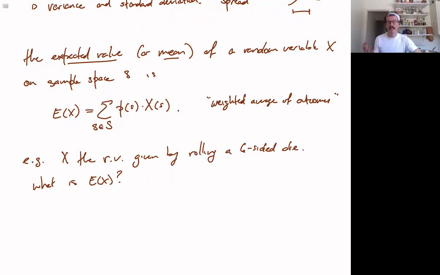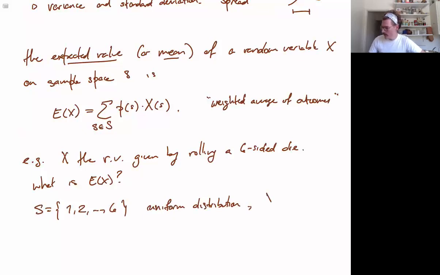And that's essentially exactly what we're going to do to find the expectation. So in this case, S is equal to the numbers 1 through 6 with the uniform distribution. And our random variable is not adding too much to the picture. It is just sending S to itself.